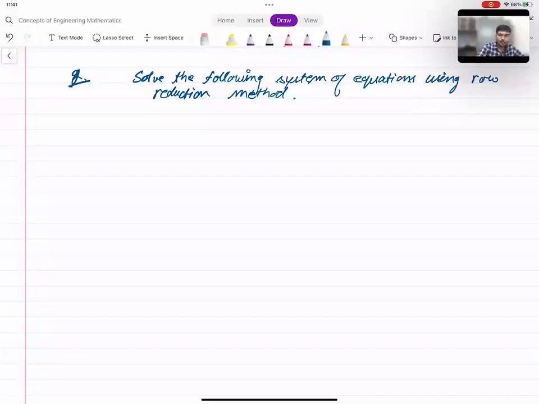Okay, so let us take a four variable system so that there will be no confusion regarding the number of variables.